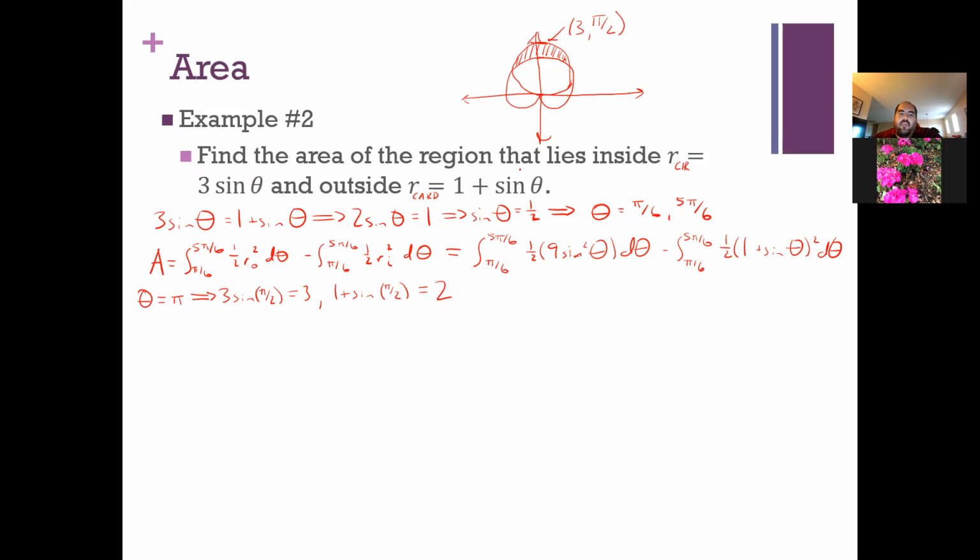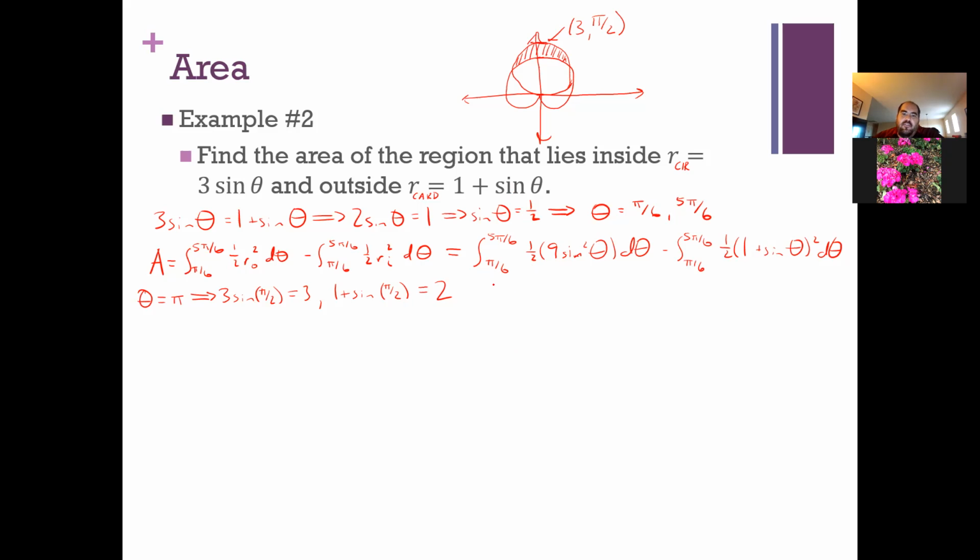Basically, think about the way we've done this with Cartesian. The outer curve is the one that's further from the x-axis. But we're in polar, so I want the curve that's farther away from the pole, farther away from the origin. Oh, that makes sense. Okay, good.